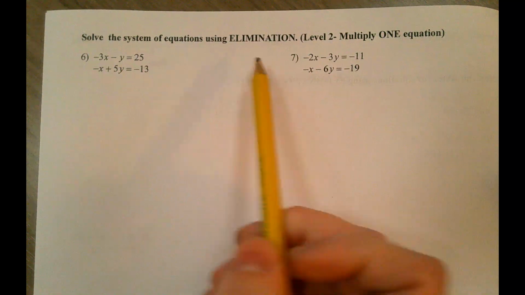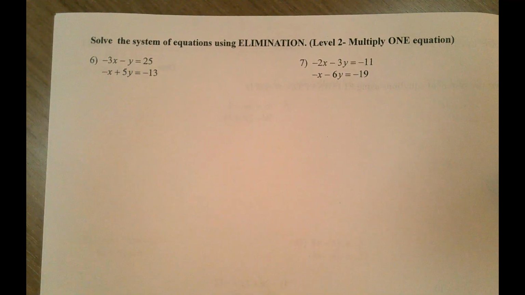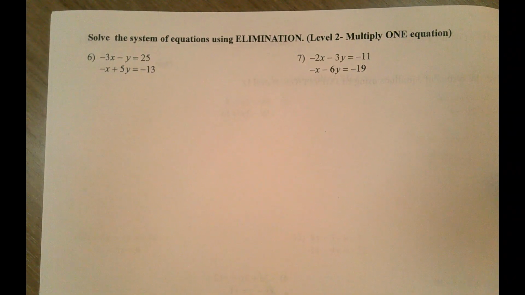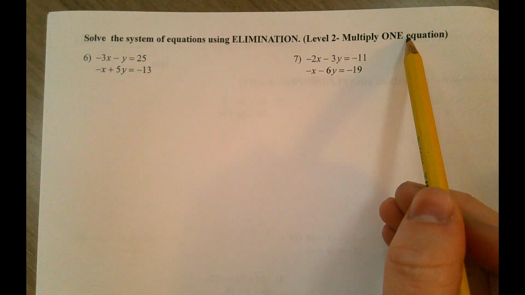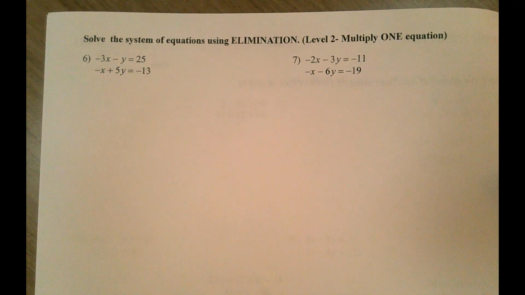Level 2, this is where if I were to just add my 2 equations together, the x's are not going to cancel out, the y's are not going to cancel out. So we have to multiply one equation, all right? So let's look at this number 6 here, and I'm going to rewrite it on my note page.